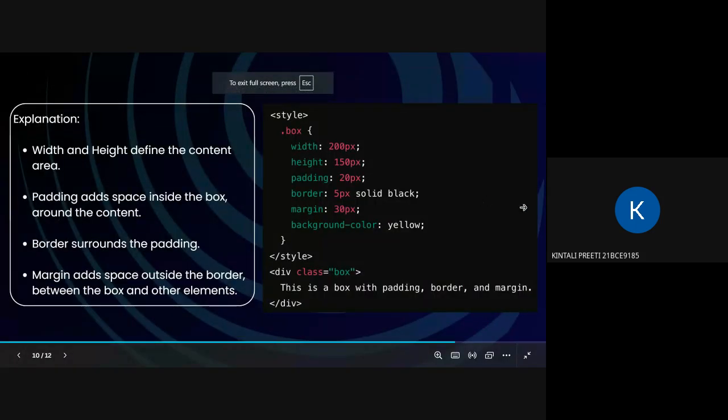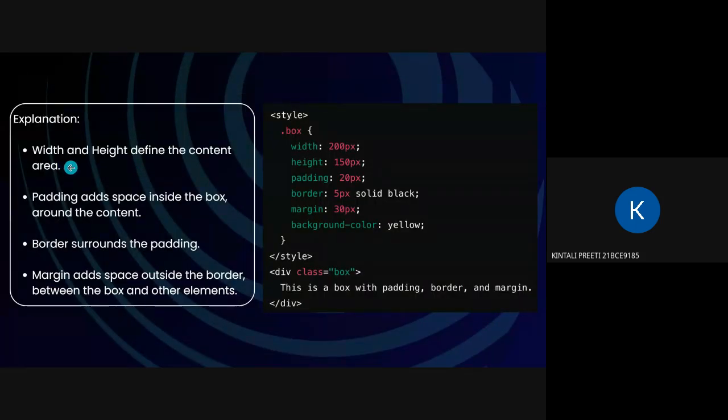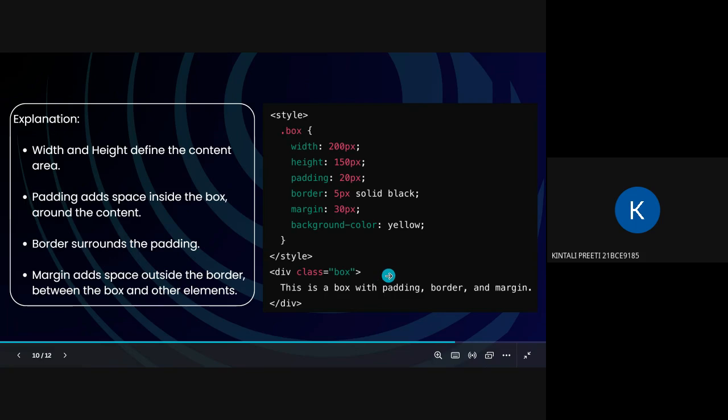Now there is a little more explanation here. For the content area, we have something called width and height. We can give the width and height for any element. Inside that element, we can add text or anything. You can see we have a box here.